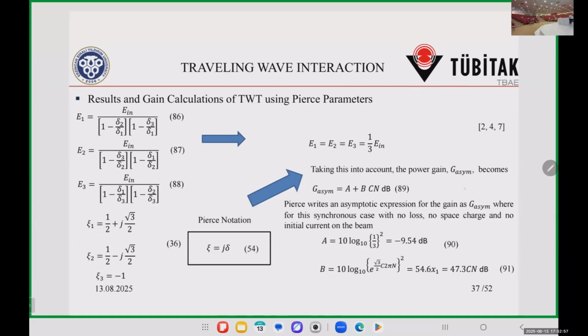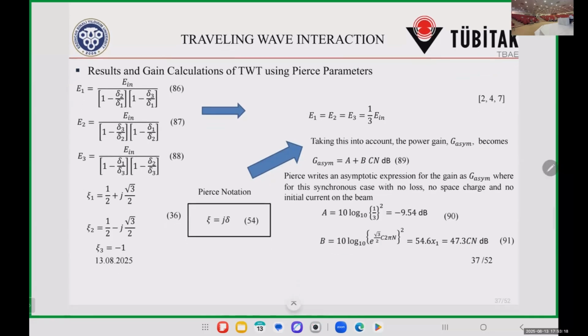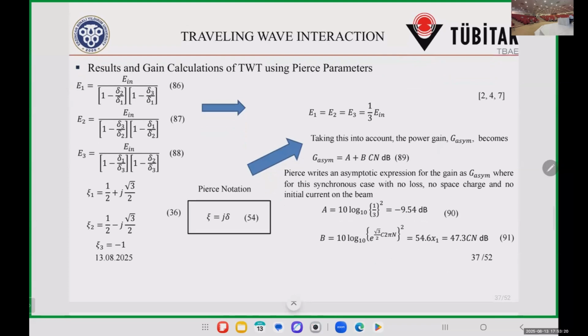This is power gain. This is the asymptotic version of this power gain. So this is valid for the synchronized case with no loss, no space charge, and no initial current on the beam. So we can write this equation A and B in equation 90 and equation 91.